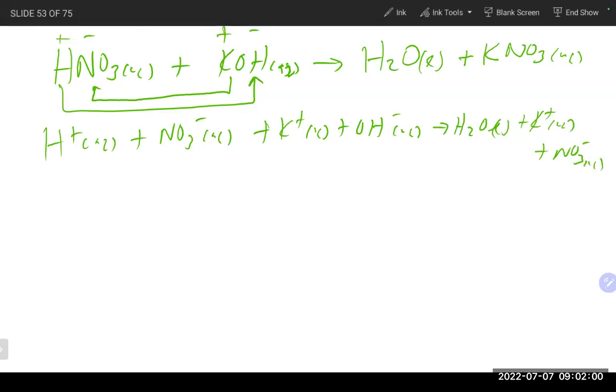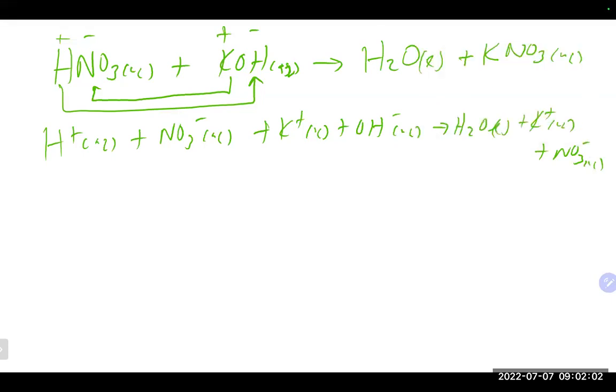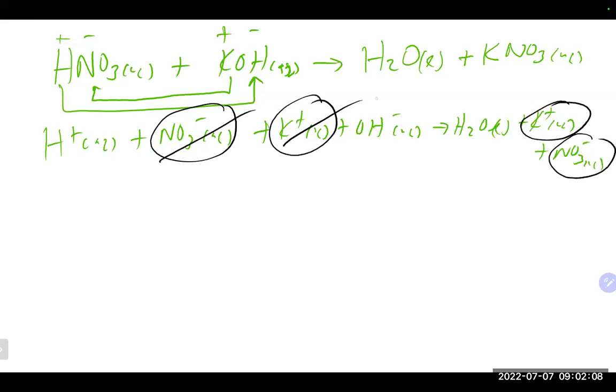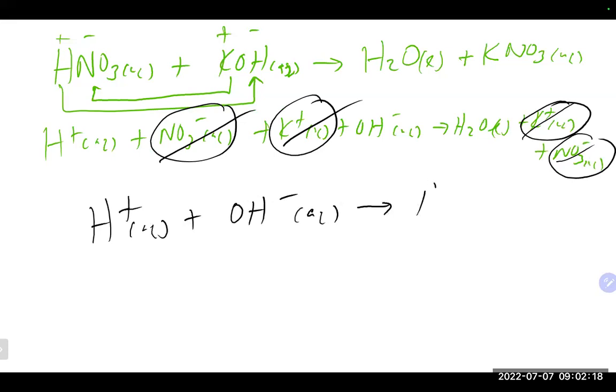Looking at our spectator ions again, in this case it is nitrate on both sides and potassium on both sides. Canceling them out once again gives us the exact same net ionic equation. That is fundamentally what is going on in this reaction, H plus and OH minus coming together to make water.